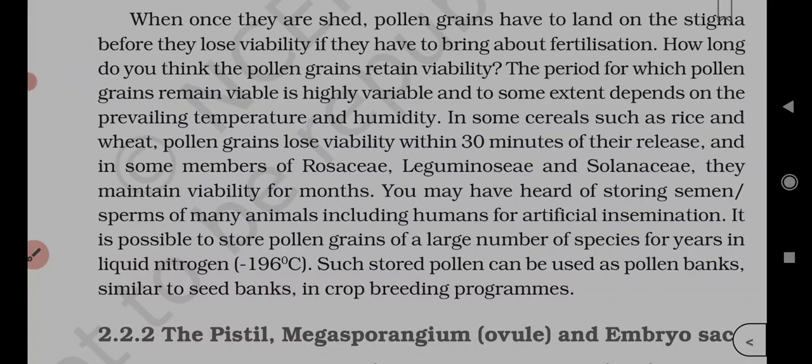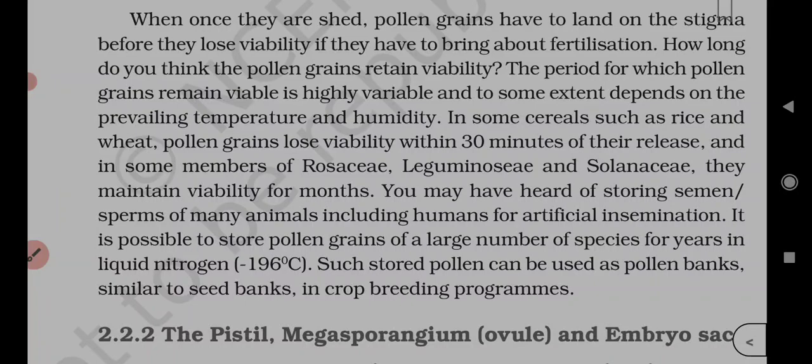So ovule is nothing but megasporangium. In angiosperms it is integumented. Integuments are there, it is covered, right? Megasporangium, sporangium. It is going to produce megaspores, right?